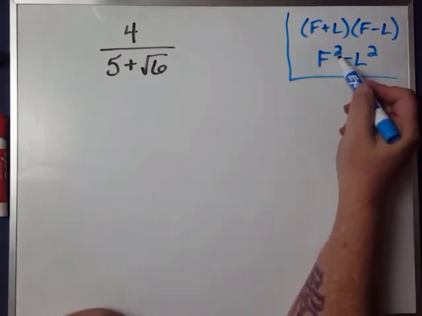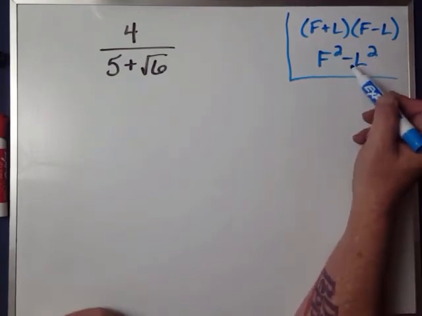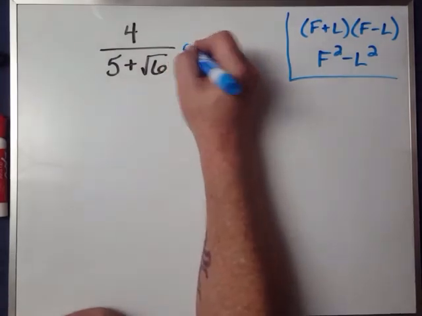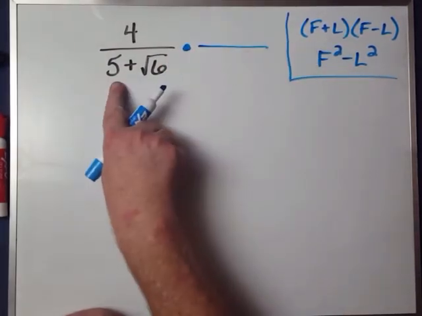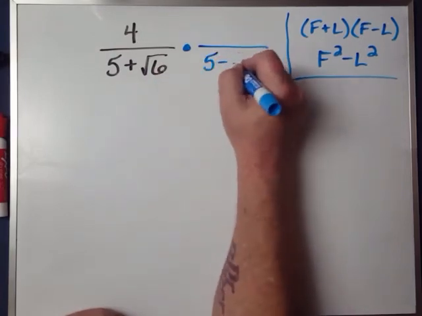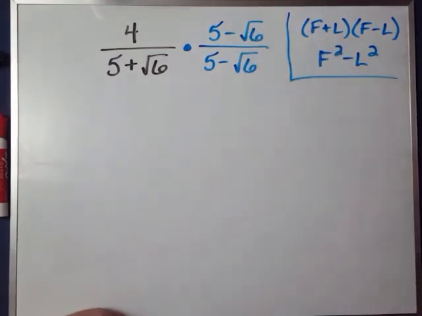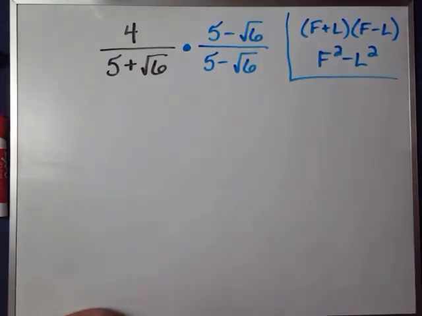And something squared, a square root squared, gets rid of a square root. This should have no square roots in it. If we multiply the top and bottom here by 5 minus the square root of 6, I should be left with no square roots in the bottom.